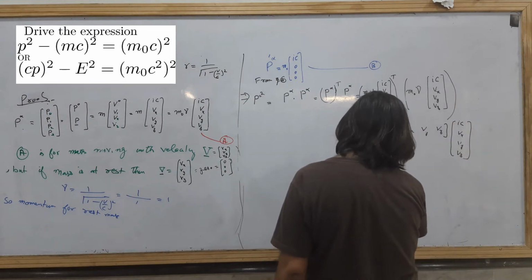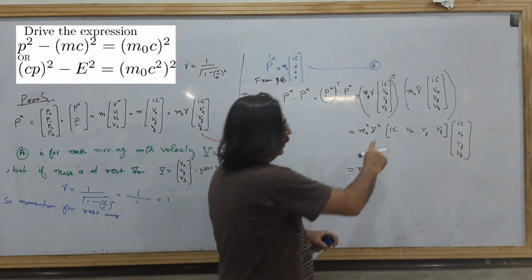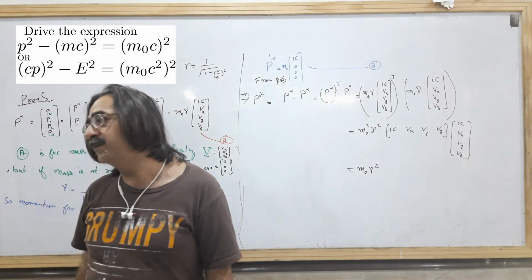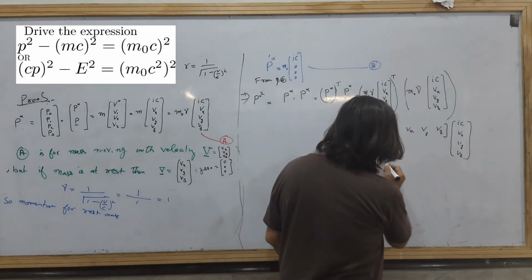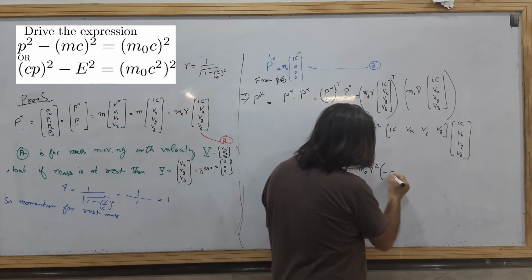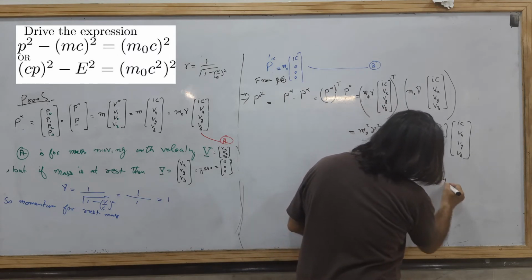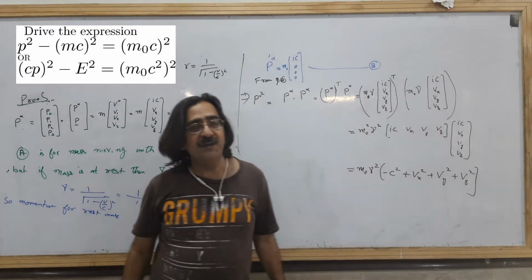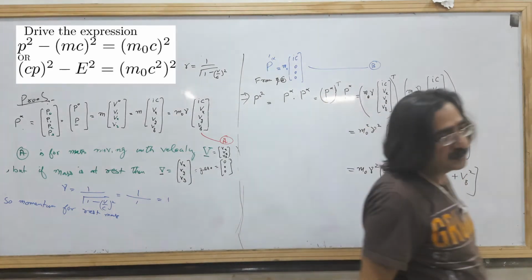So this will be equal to m naught square gamma square, i square c square plus Vx square plus Vy square plus Vz square, where i square is equal to -1, because when we multiply matrices, this will be a sum.